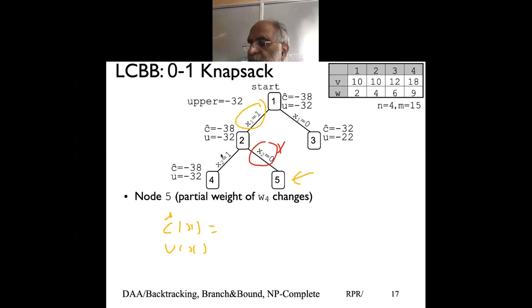Can you compute C hat x and ux and give me the answers? Spend 2 minutes so that I understand that you understood the problem. Look at the values, compute C hat x and ux for node 5.